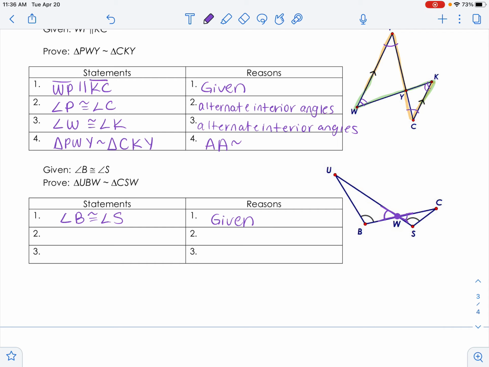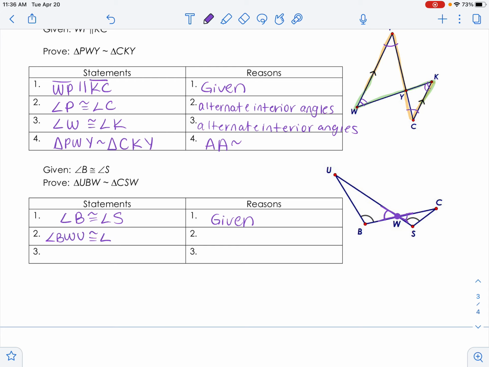Now here's where it gets a little bit tricky. When you have vertical angles, you have to label them with 3 letters. So as I label this first one, I'm going to go BWU. I always have to put W in the middle because that's where the angle itself is. So BWU can be the first name.